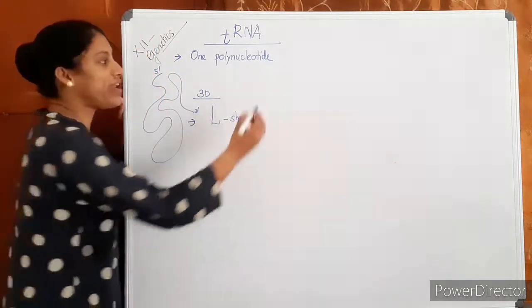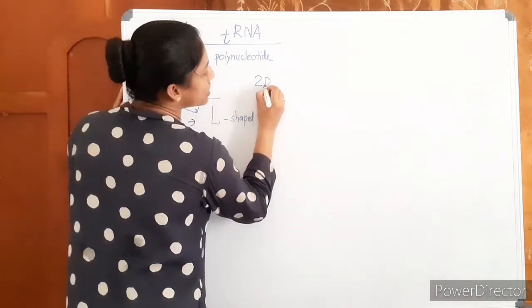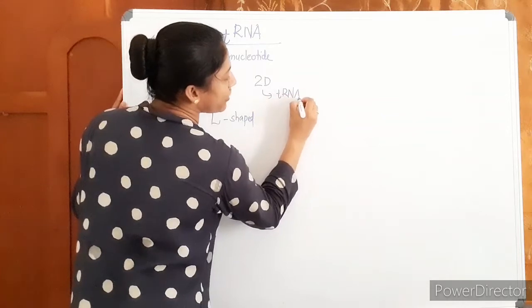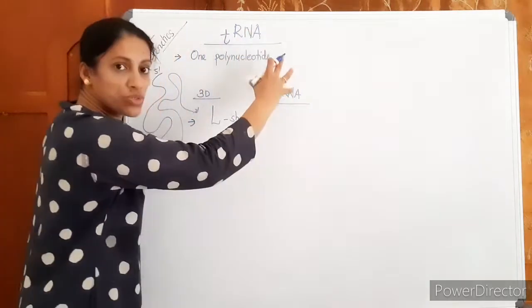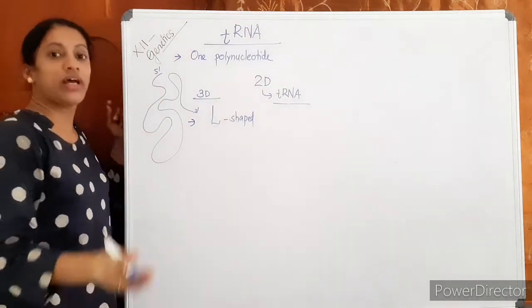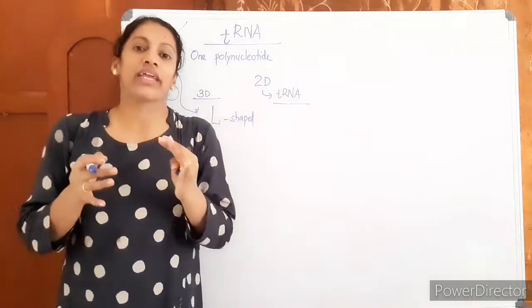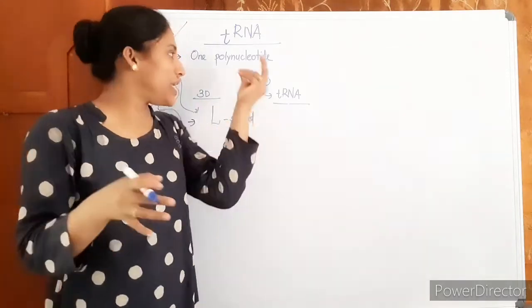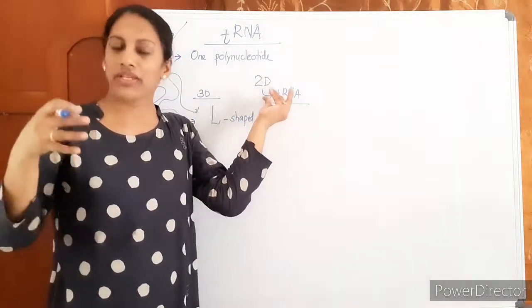Whereas the 2-dimensional structure of tRNA is most significant for translation. A tRNA can help in translation at this level, the 2-dimensional structure.